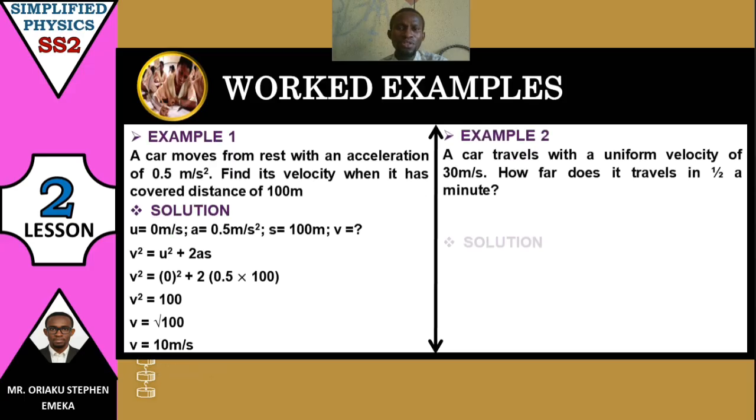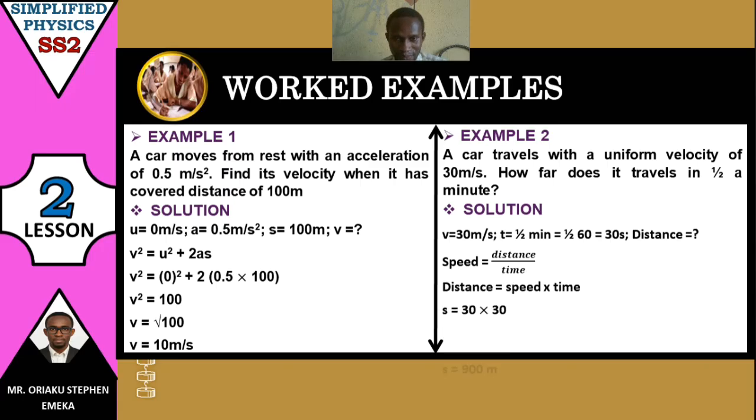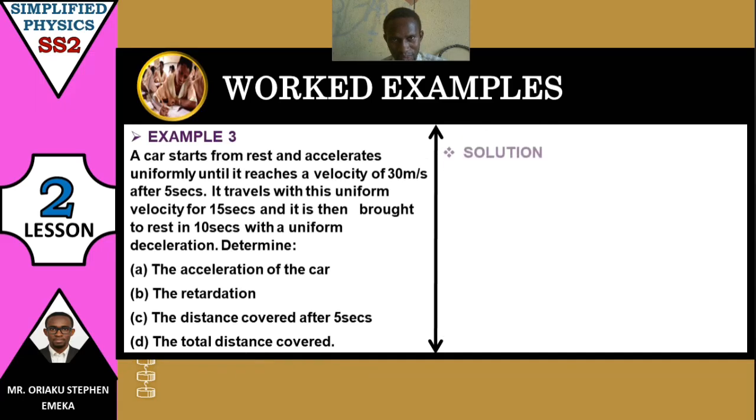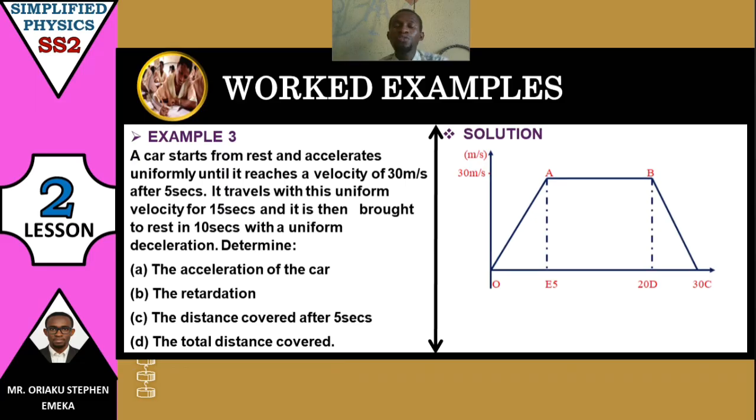So acceleration is the slope of a velocity time graph. So looking for the acceleration, remember slope is the y over x. The y in this case is the velocity axis and the x in this case is the time axis.